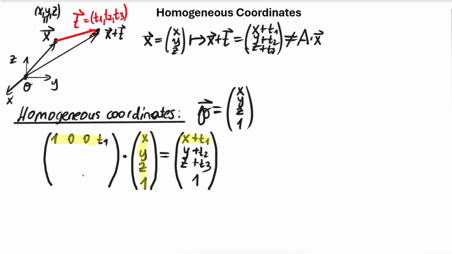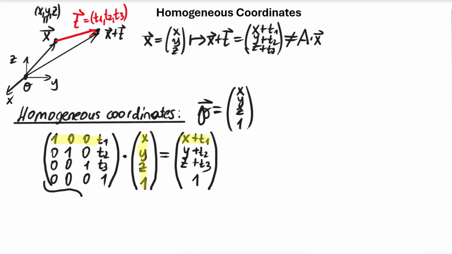Next row, analogously, but for the y coordinate, and you shift by T2. For the z coordinate, you shift by T3. And the last one should just stay 1, so we have 0, 0, 0, 1.